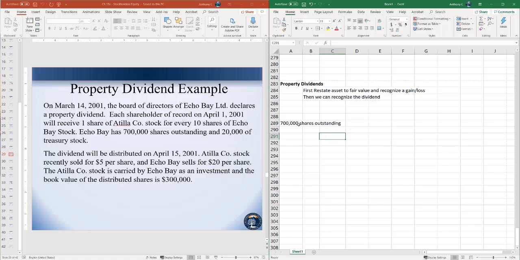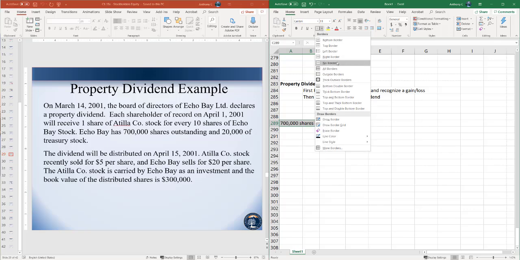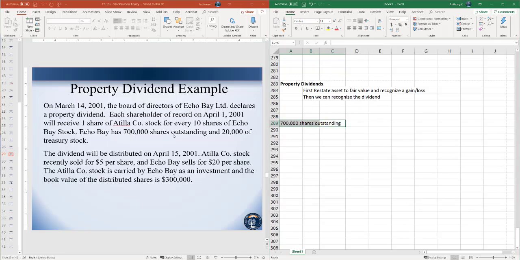So we have 700,000 shares outstanding, and we can divide this by the 10 shares of Echo Bay stock, since each shareholder of record will receive 1 share for every 10 shares of Echo Bay. That gets us to 70,000 shares of Attila stock to be distributed.